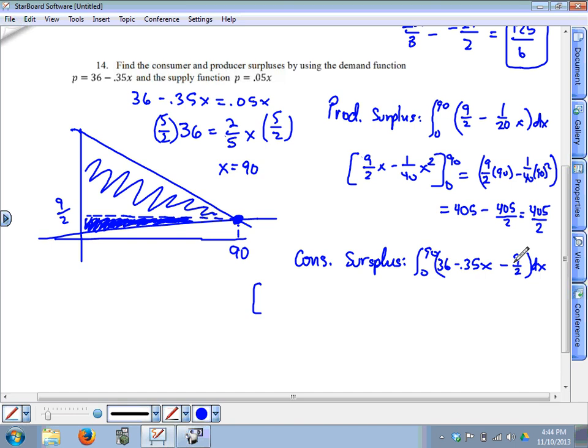When you take the integral of 63 halves, you get 63 halves times x. And then 0.35 as a decimal is 7/20ths.